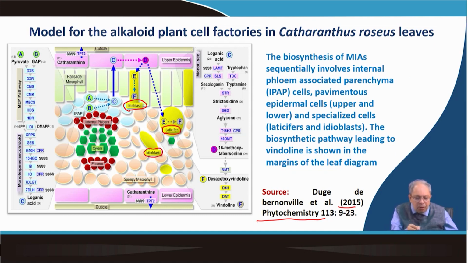The yellow background cells are either laticifer or idioblast cells, and the internal phloem parenchyma is shown in red, with the upper epidermis and lower epidermis, and the different pathways operating shown on the left and right sides. This is nothing but what I showed in the previous slide, presented as a worded line diagram.